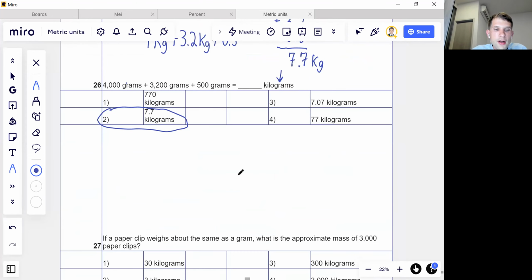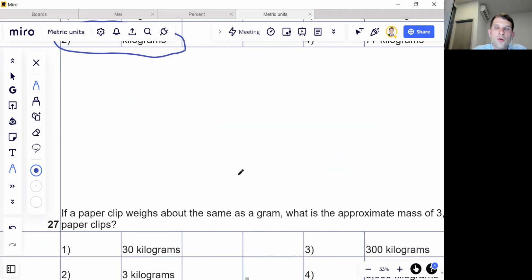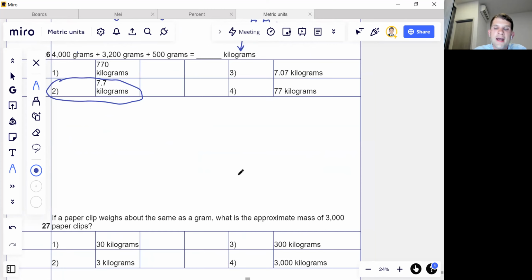Okay, number 27 says, if a paper clip weighs about the same as a gram, what is the approximate mass of 3,000 paper clips? Okay, so let's pretend this is a paper clip here. And this one paper clip weighs about 1 gram. And we have 3,000 paper clips.